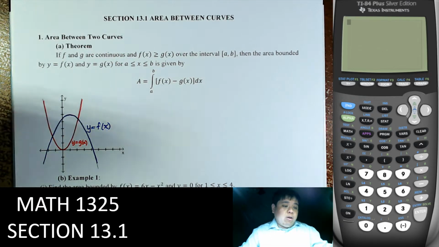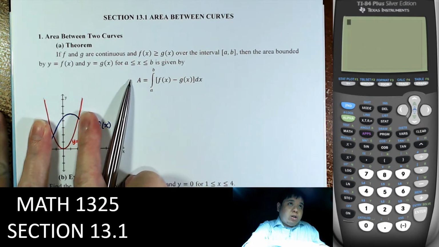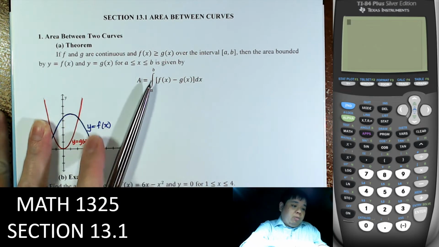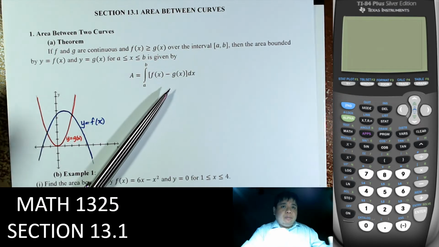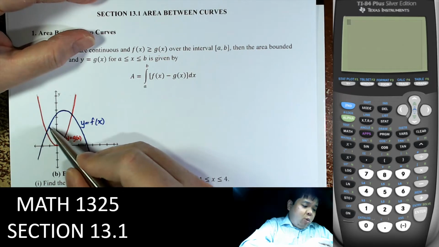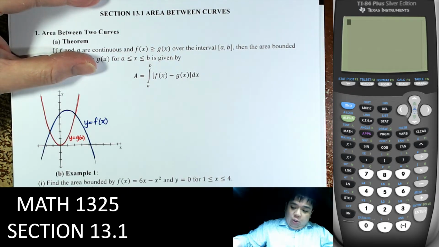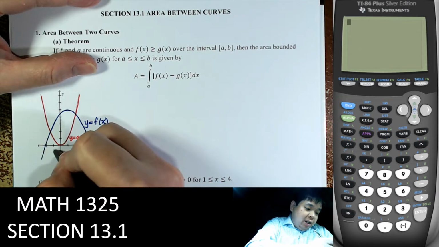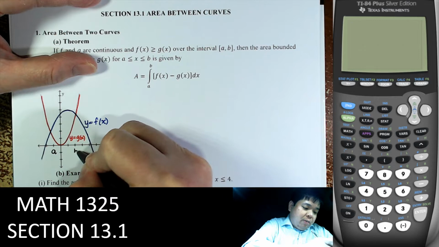And we want the area from A to B. So notice that in this portion, y equal to f of x is above the function y equal to g of x. But it doesn't have to be right where the intersection is. We can define the area between two curves when, let's say, A is this point and B is this point.